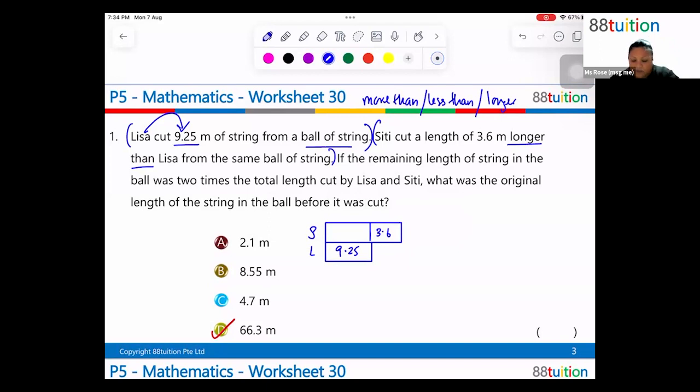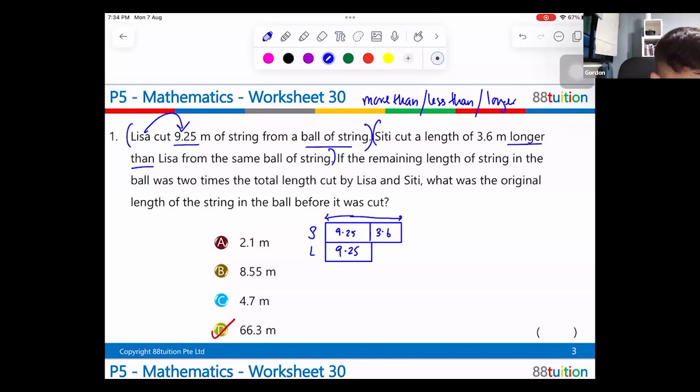Now, make parts equal, I have this. When I add 9.25 and 3.6, I will get 12.85. So that means the total length by the two of them is how much?